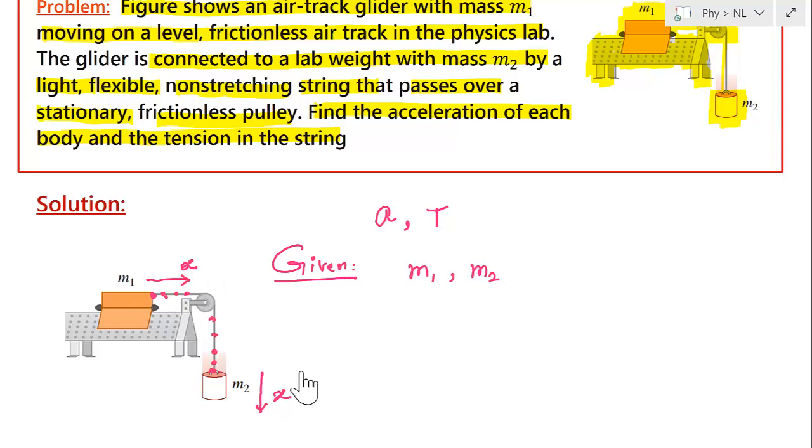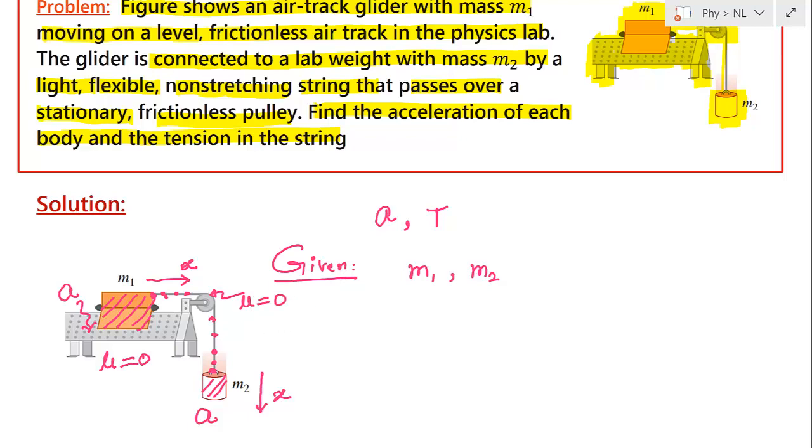So we can say the acceleration of mass m2 is the acceleration of mass m1. Both have the same acceleration, and we will assume this acceleration is a. And this is frictionless, so there is no friction here, so we can assume mu equals 0.